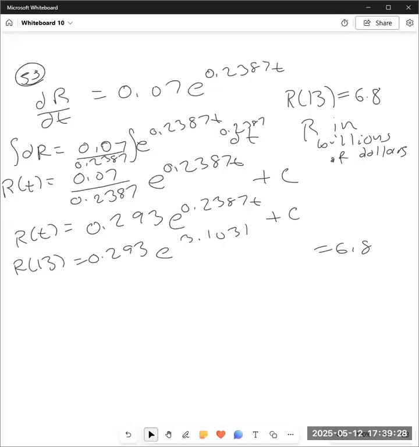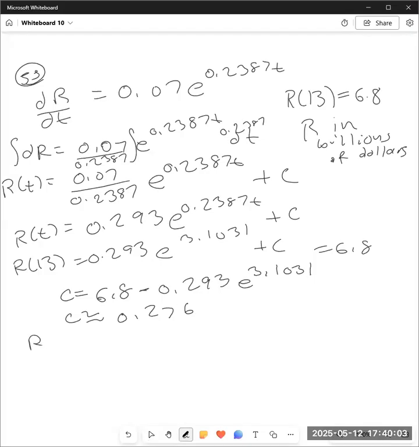Go ahead and don't forget your plus c here. So c is equal to 6.8 minus 0.293 e to the 3.1031, and c is going to be approximately 0.276. We're going to go to 3 decimal places there.